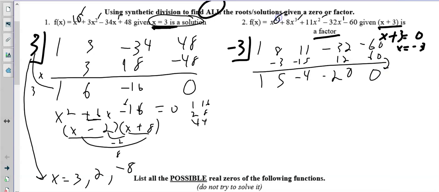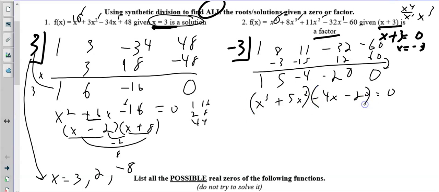I start off with a 4. I divide it by x to the 1. That's going to give me x to the 3. So this is x cubed, okay, plus 5x squared minus 4x minus 20 equals 0. I'm going to factor by grouping.